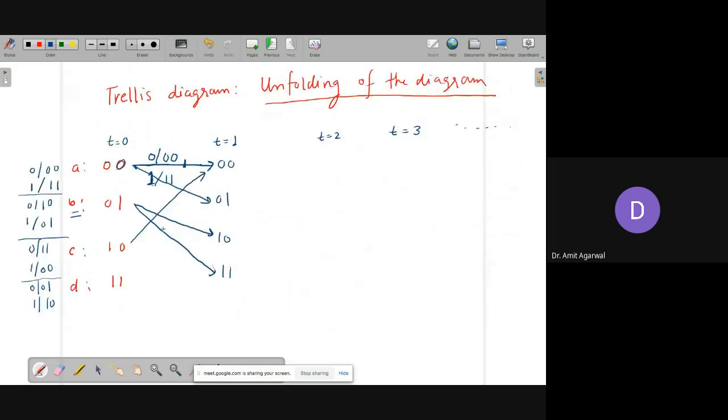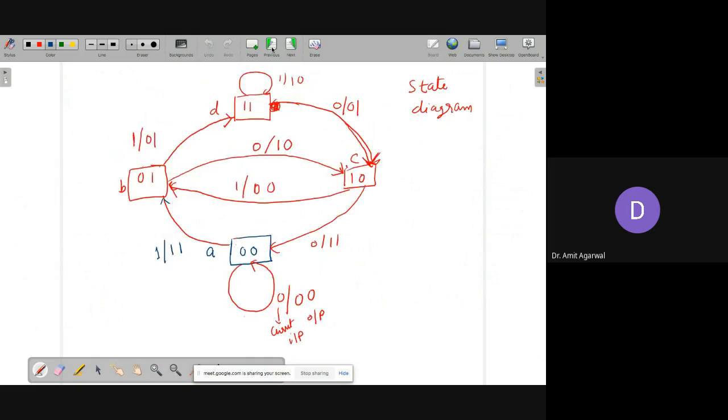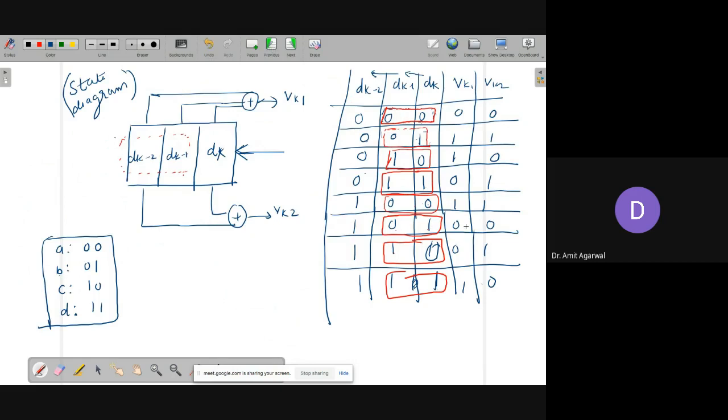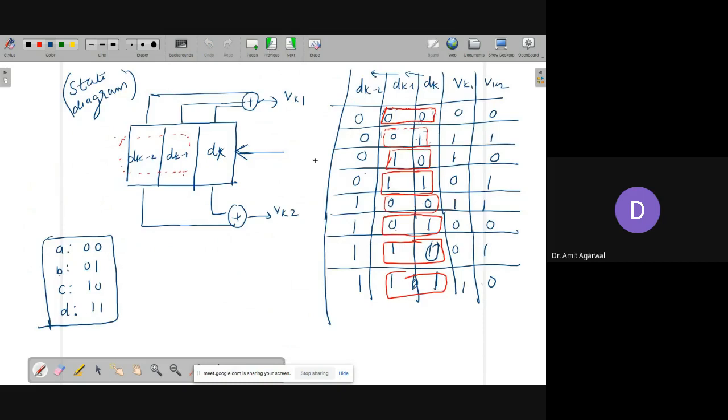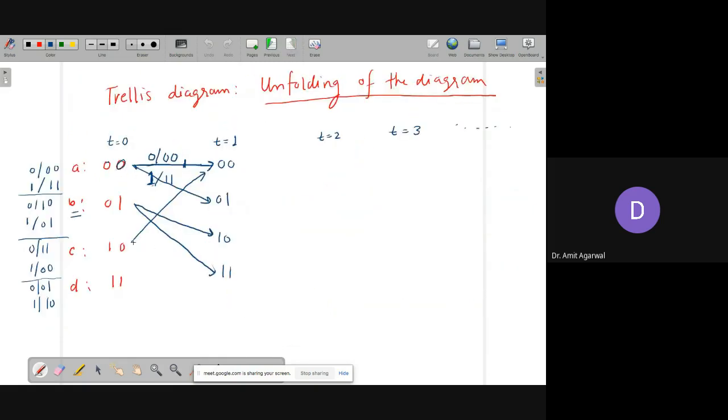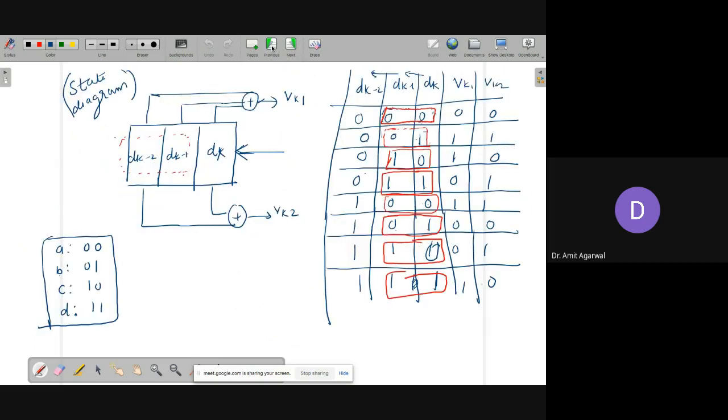When you are in 1 0, 1 comes, you go to 0 0. And when you are in 1 0 state, 0 comes, you go to 1 1.